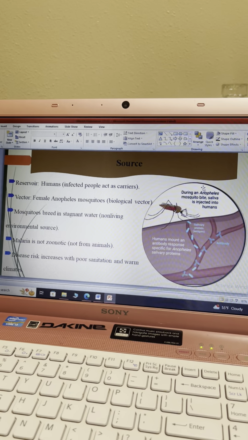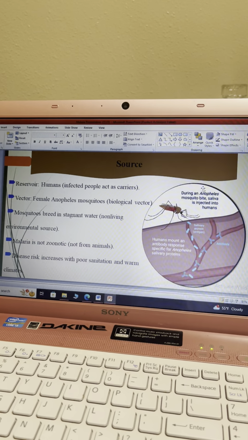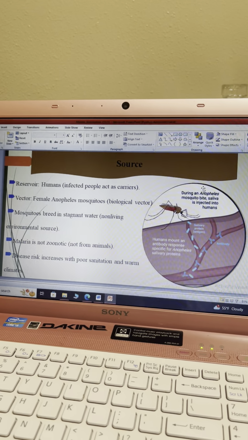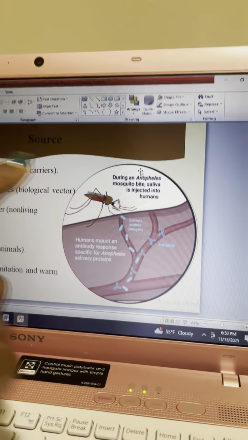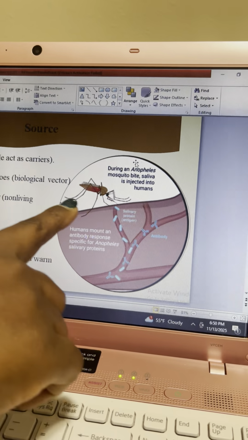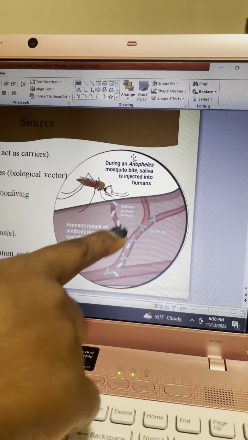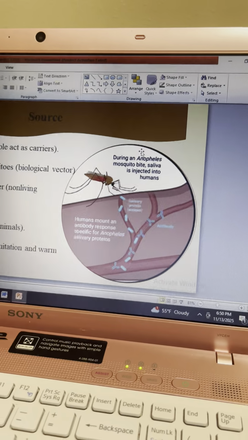Malaria is not zoonotic, meaning it doesn't come from animals. Disease risk increases with poor sanitation and warm climates. On my right, I have a picture showing from when a human gets the mosquito bite and how the germs spread in the body.